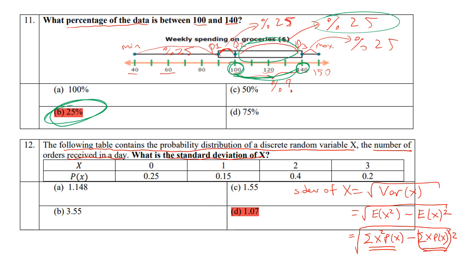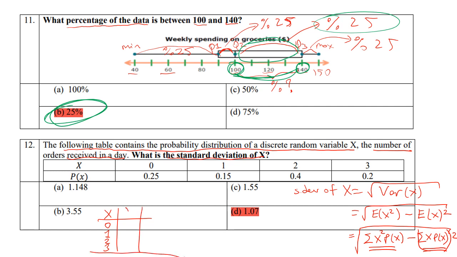This is given horizontally, but I would like to write it not horizontally. I will write the probability of x, and also x squared. So maybe it's better we do it this way. X first: 0, 1, 2, 3.